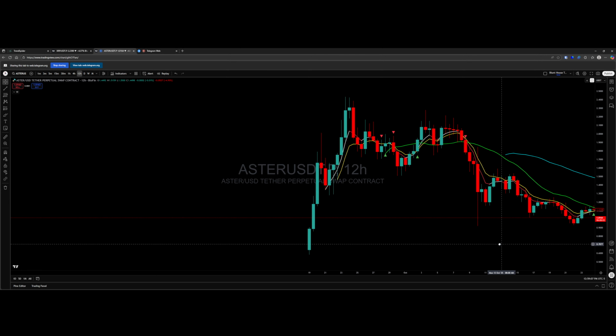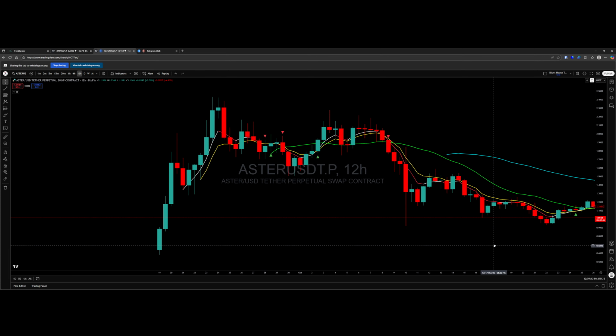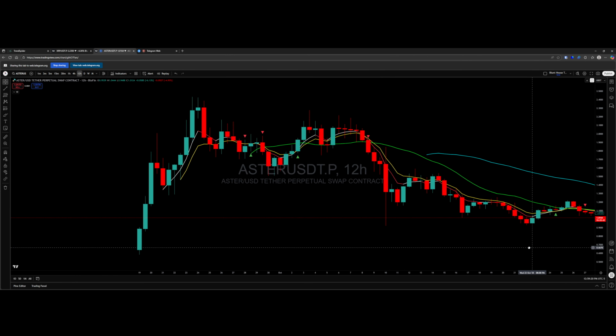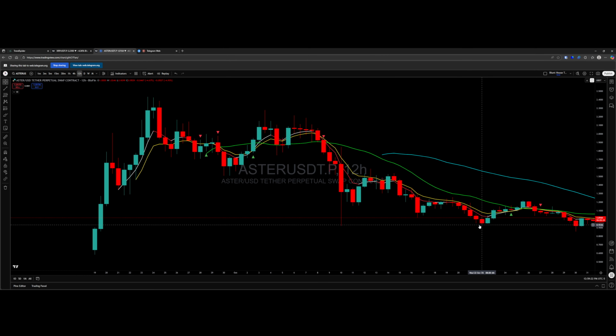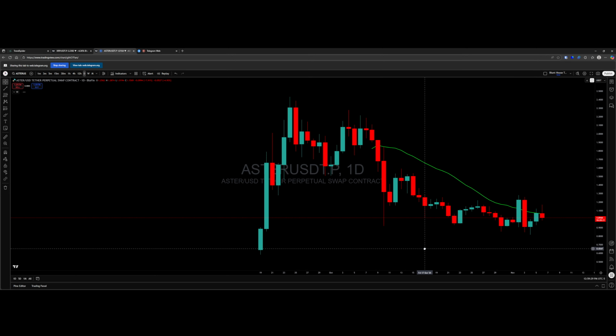And lo and behold, when you do get a signal to go long, and again, I'm just using the 12-hour here because there's not a lot of trading time, ultimately you can start to see a failed breakout, come back and take out the previous wave low. This probably looked pretty obvious on the daily.